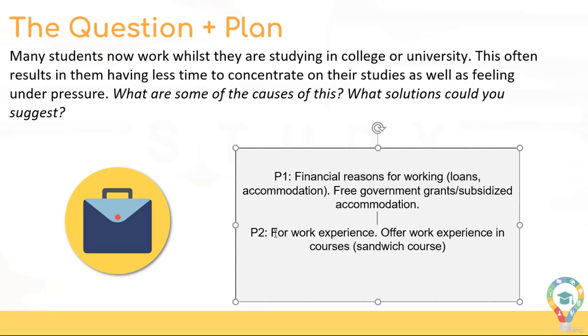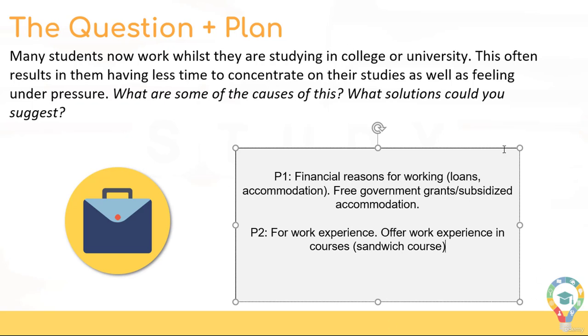And for my second paragraph, I'm suggesting that a cause for students needing to work while studying is work experience. And my solution is to offer work experience in courses. So try and push this idea of more sandwich courses to help students concentrate more on their studies.